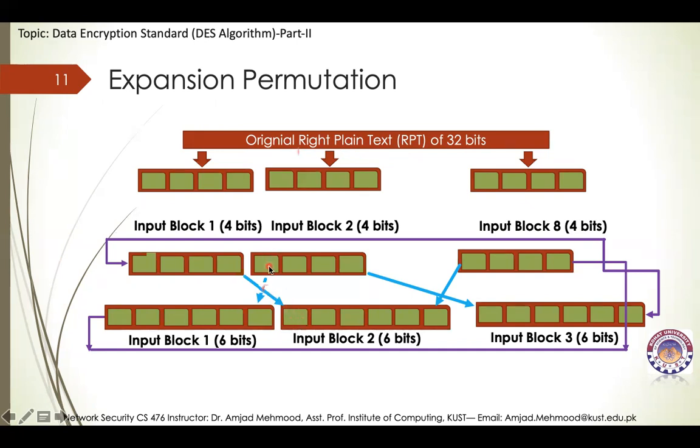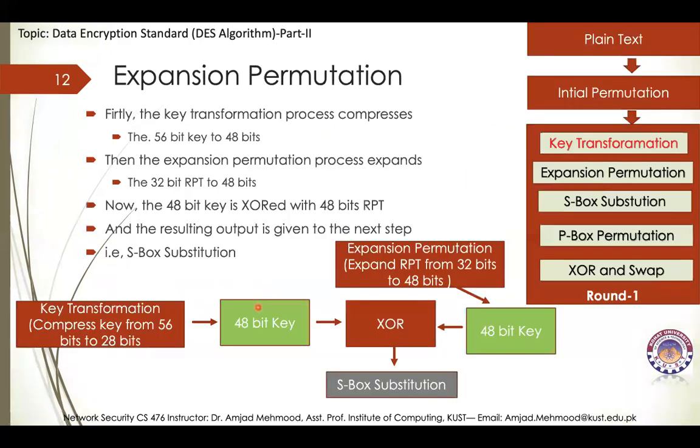The first and fourth will be repeated, so the fourth one is coming next to the first one, and the first one is coming next to the fourth of the previous block. Using that we are increasing the size from 4-bit to 6-bit. That's why this is called expansion permutation, right?